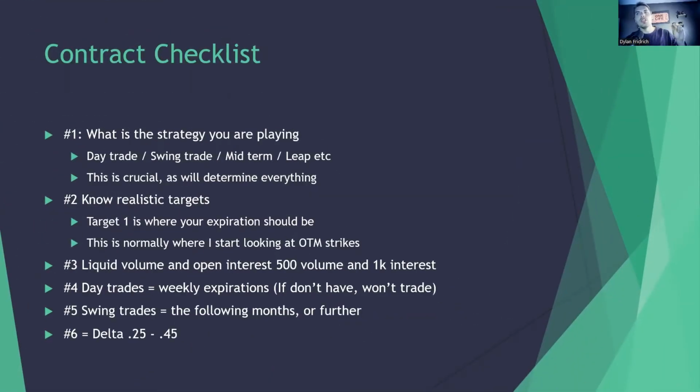Number two, know your realistic targets and the timeline of how long it's going to take for you to hit those. Okay. So what I mean by that is if we are in a day trade, let's say we're trading AMC and we get in at 15 and our first target is 16 and we're expecting it to hit 16 within the day.